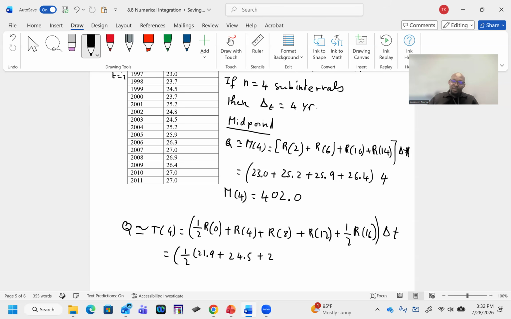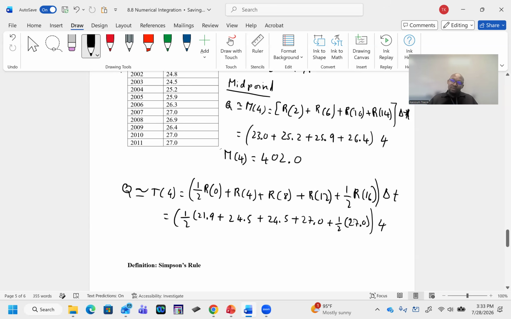R8 also is 24.5 plus R12, which is 27.0, then plus 1/2 R16. R16 also is 27 times delta T, which is 4. And then our T4 will give us approximately 401.8, right?